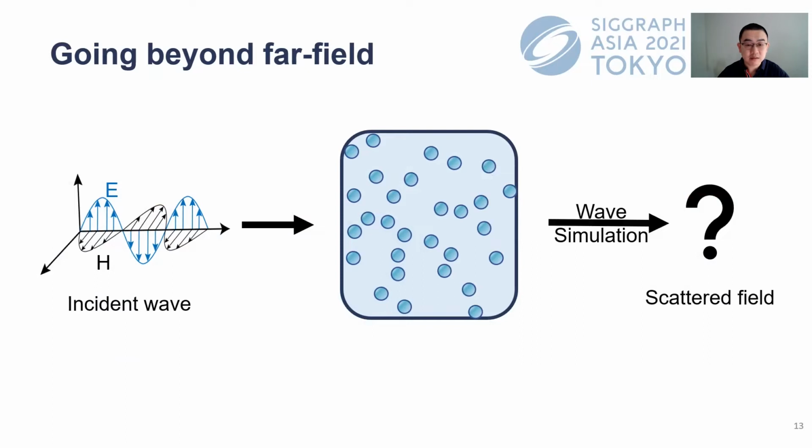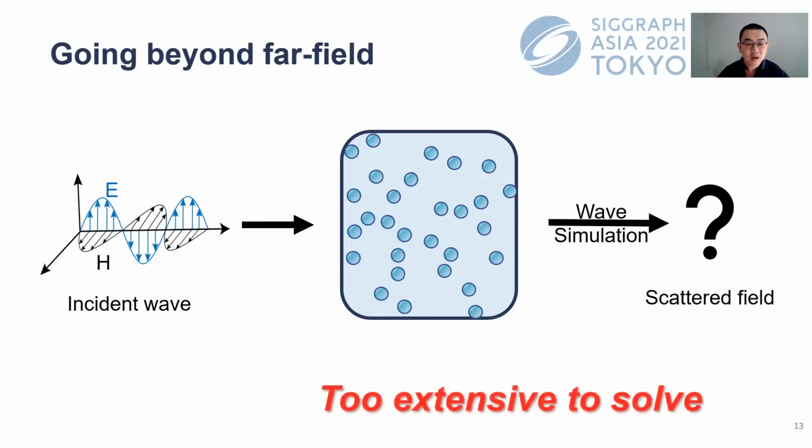Theoretically speaking, it should work, but in practice, there are billions of particles in the medium. It is impossible to model them and solve the equations. We don't want to handle such an extensive system, but still need microscale wave optics effects, such as diffraction and interference.